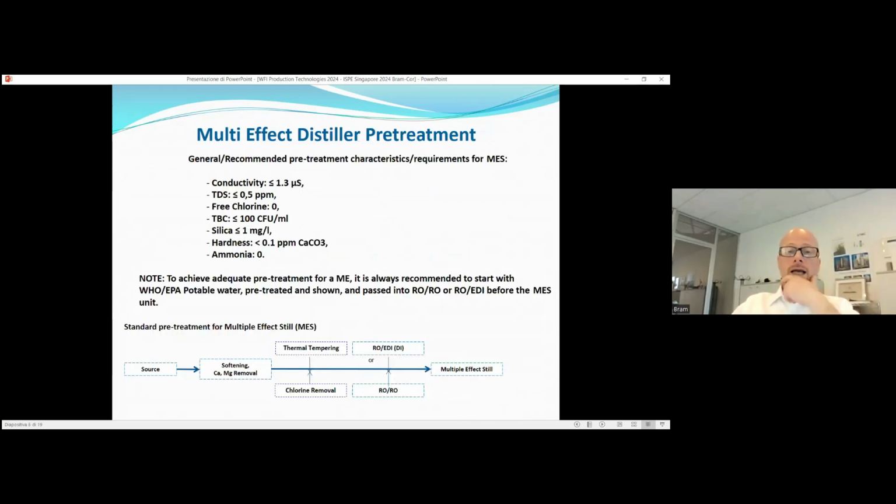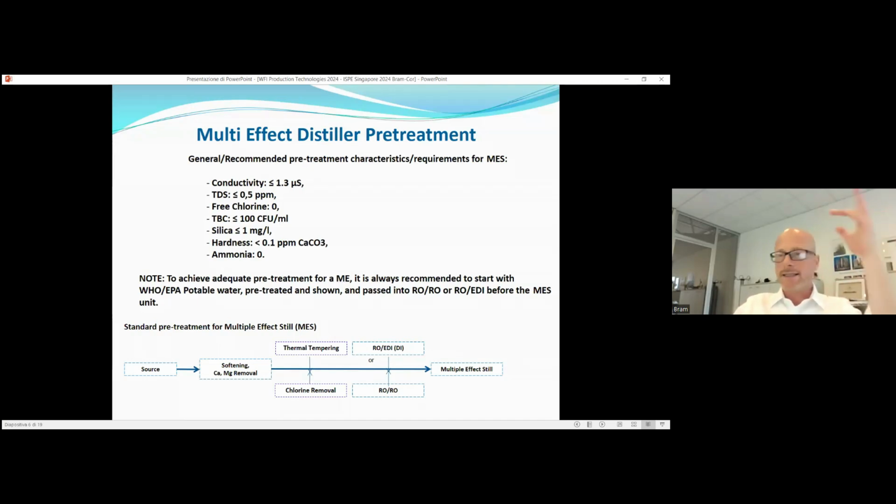The typical multi-column distiller pretreatment is then, as we have seen before, the characteristics are practically those of the PW as per USP indications. The recommendation is always to start with potable, drinkable water as per WHO or EPA, depending on the part of the world, and then to pre-treat the water, normally with softening.